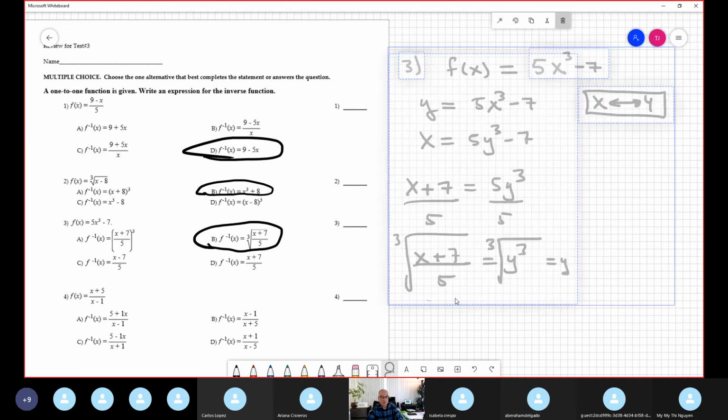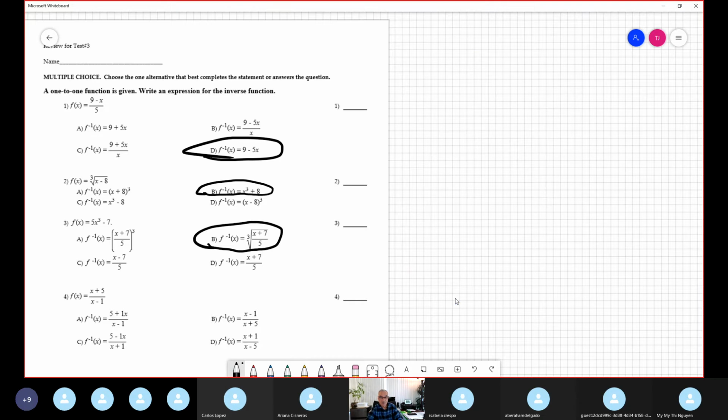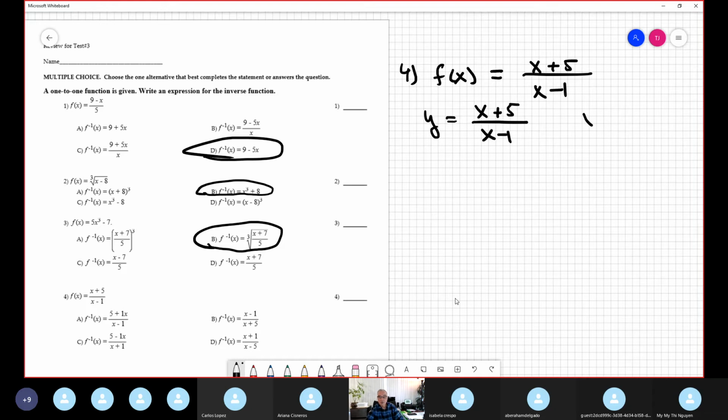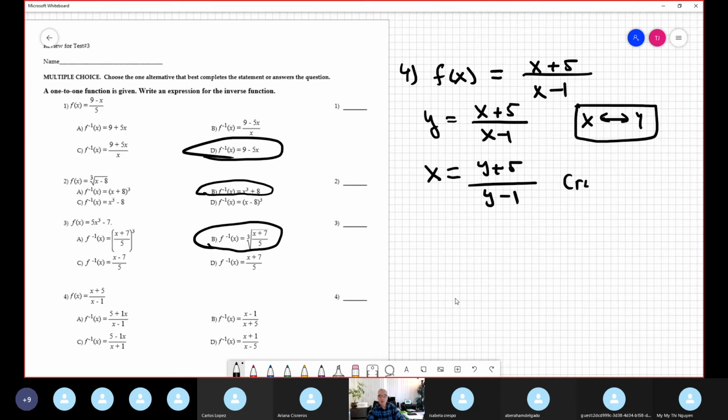Okay. Number 4. Number 4 says f of x is equal to (x plus 5) divided by (x minus 1). To find the inverse, you replace f of x with y. Now you interchange x and y. x is equal to (y plus 5) divided by (y minus 1). And now cross multiply.